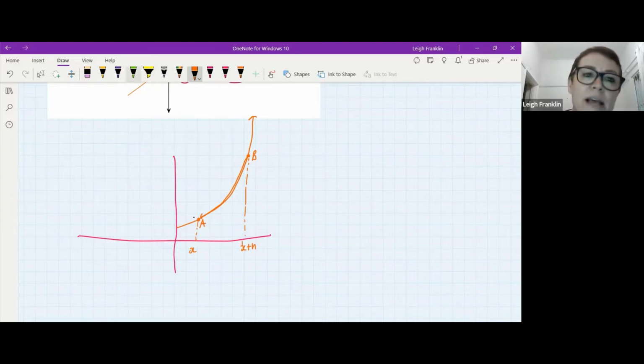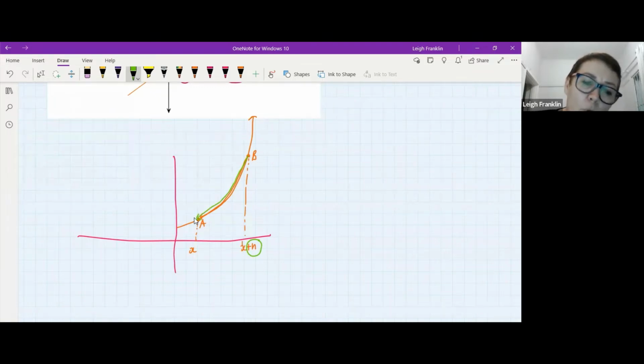This is why we say that h is approaching 0, because the further to the left we go, the smaller the gap becomes between A and B. So this value of h here is approaching 0 as B travels back down towards A.